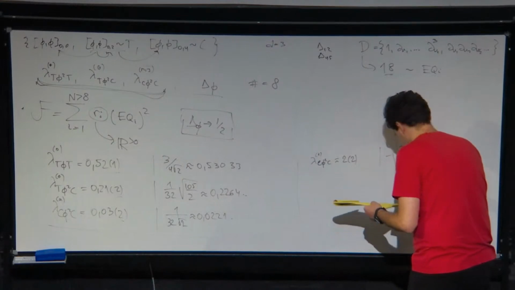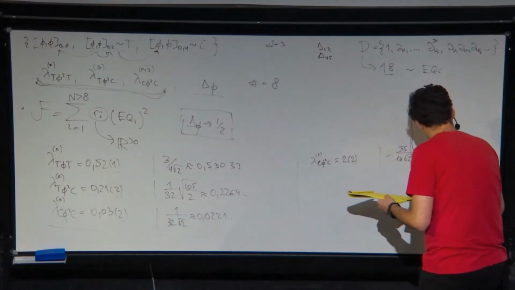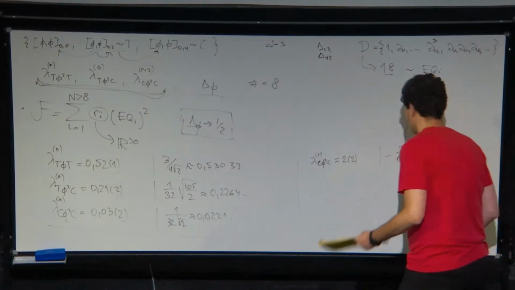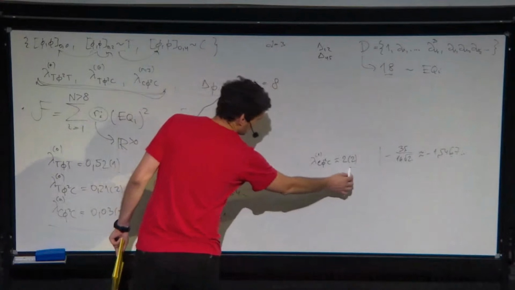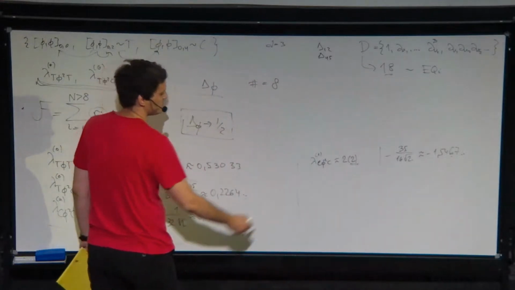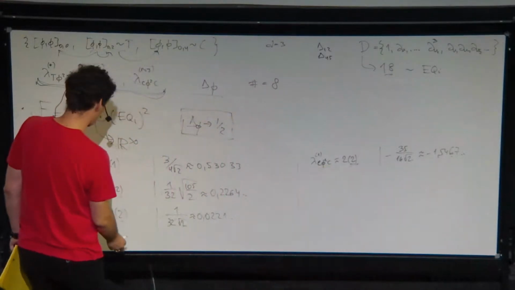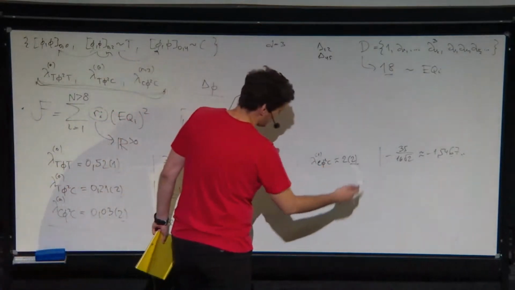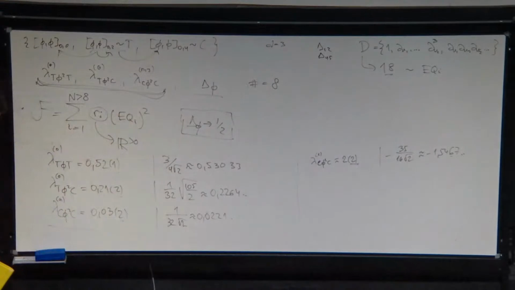35/16 square root of 2, and this is minus 1.5467. So here you immediately see that this standard deviation is an order of magnitude larger than the one here. So these coefficients are way more scattered than these ones, and therefore we really cannot compute them quite precisely.